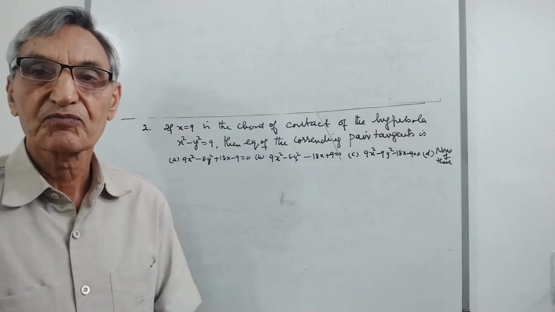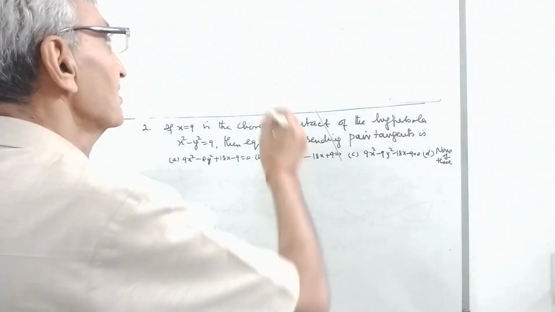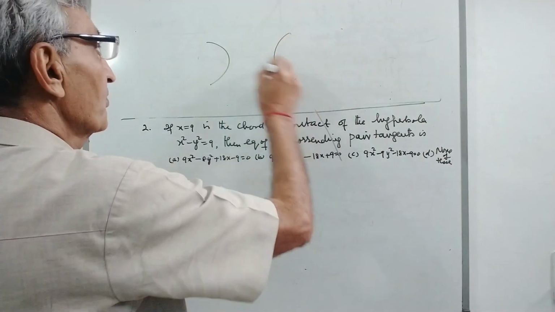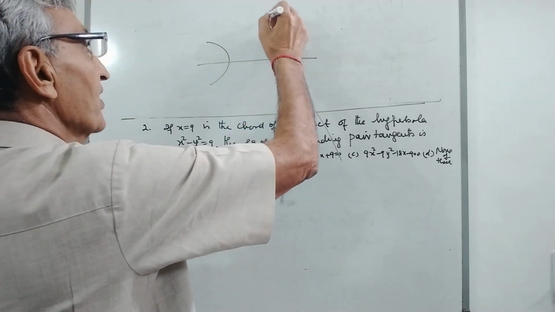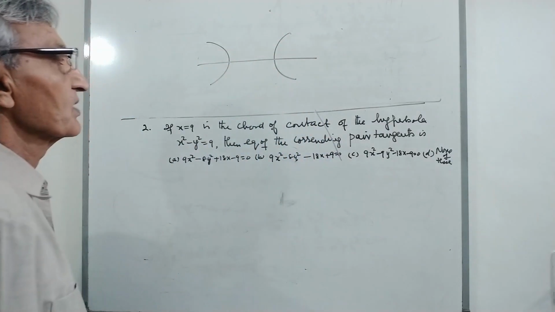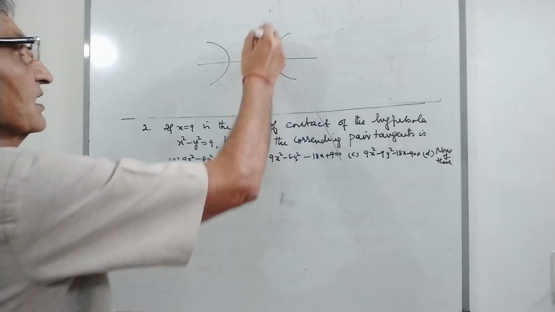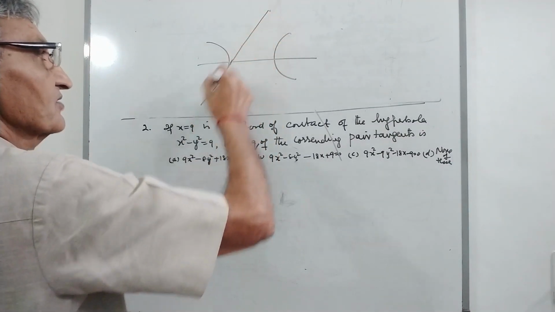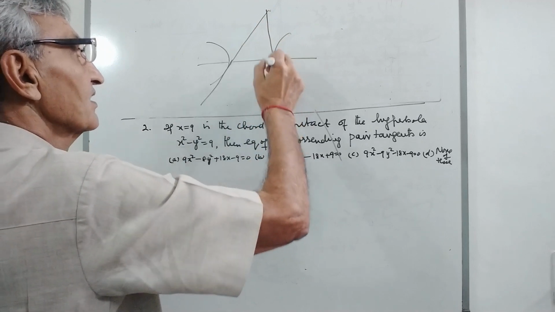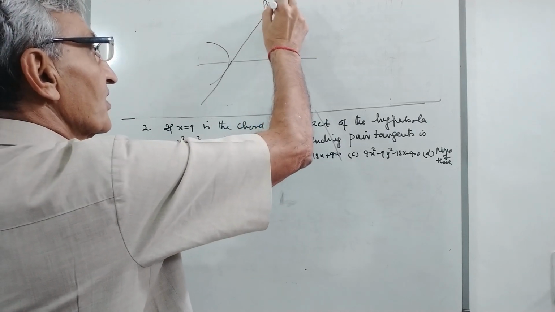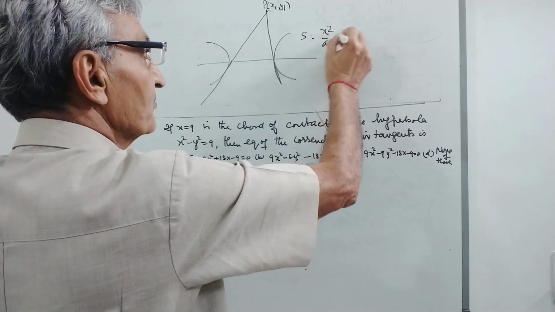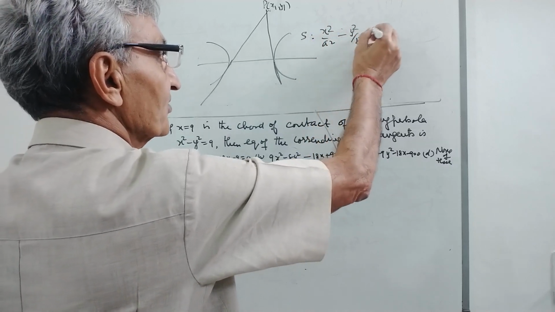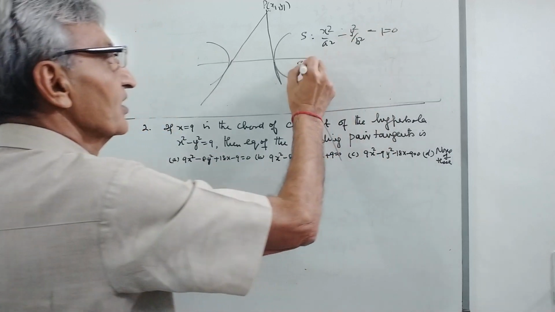My next one: suppose we have the hyperbola, parabola, ellipse, whatever, and there is a point here. We draw the tangents from this point to the curve. This point is x1, y1, and S is x square upon a square minus y square upon b square minus 1 is equal to 0. What is S1?